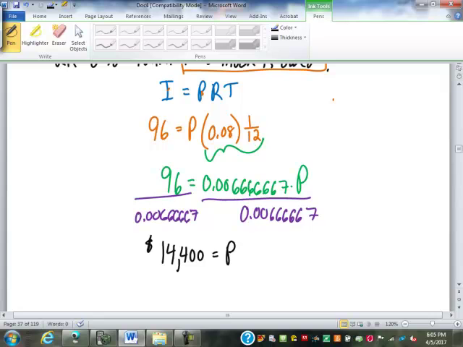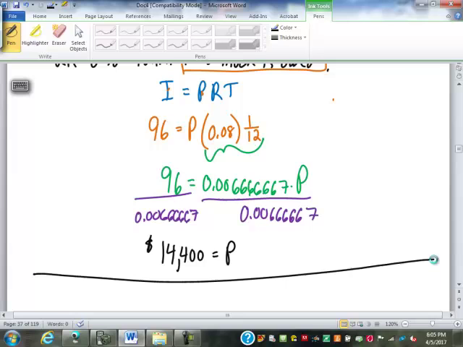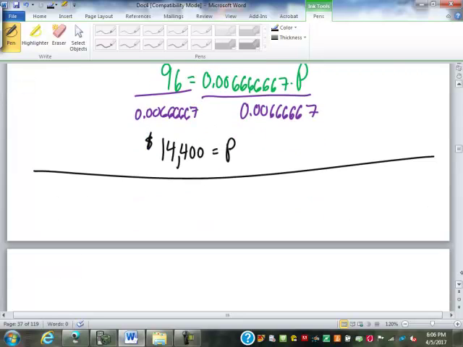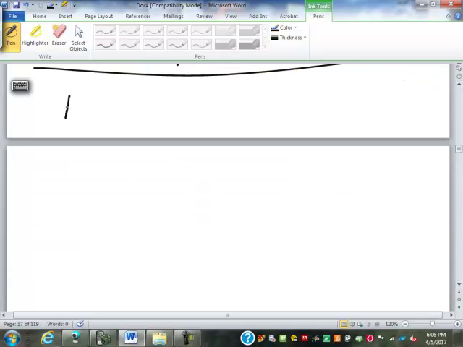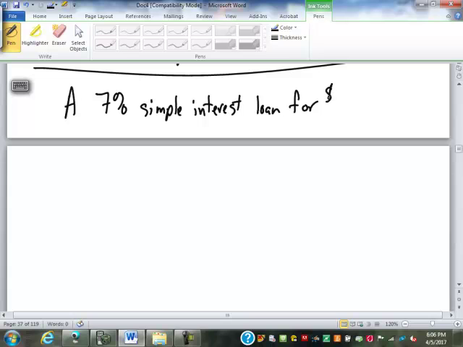Any questions? So let's say we have a 7% simple interest loan for $6,000.